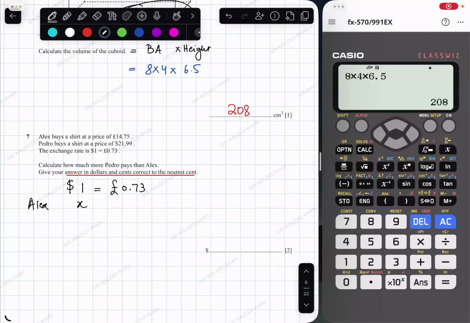Let's say X. So X is equal to 14.75 divided by 0.73, which is 20.21.